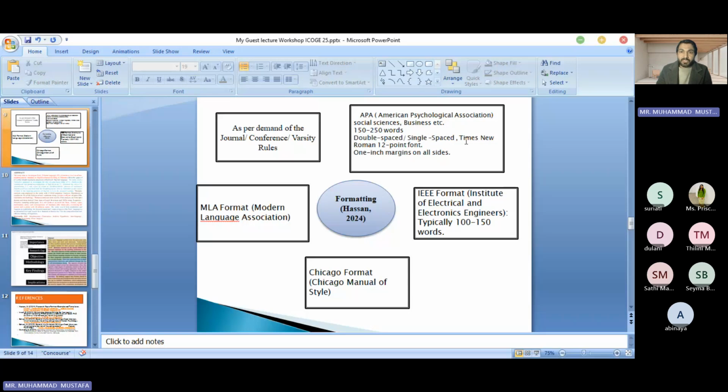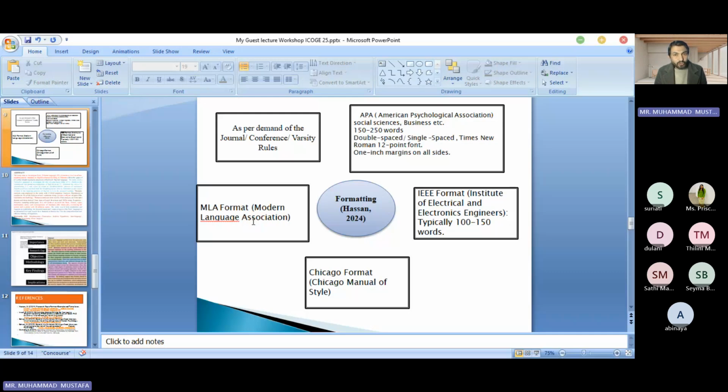So Times New Roman 12 point font is used in such formatting, with one-inch margins on all sides in APA style. The second most important and famous style is called MLA, Modern Language Association.